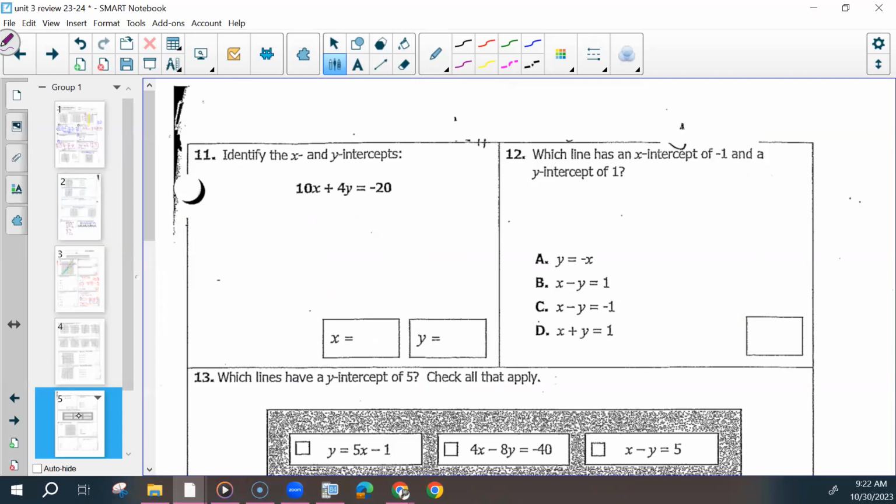Numbers 11 through 13 and 16 and 17 are all intercept questions. Questions on any of those? 17 and 11.